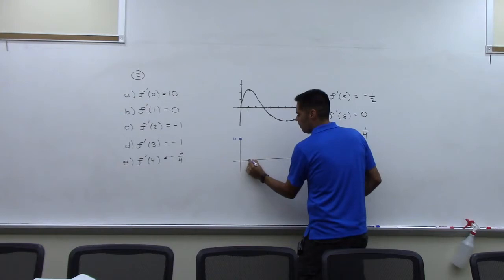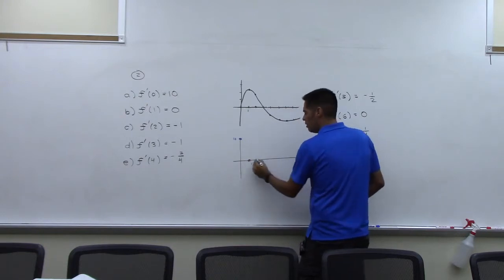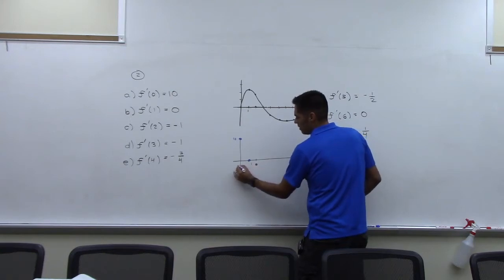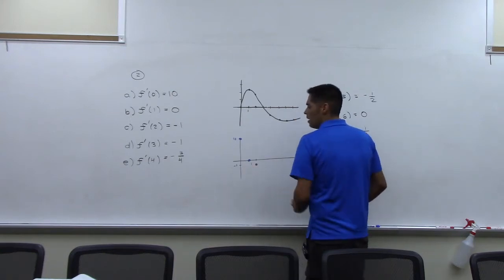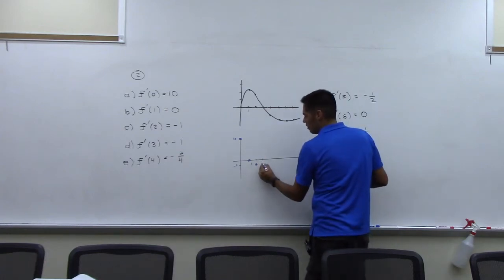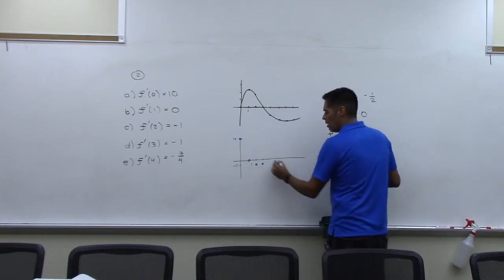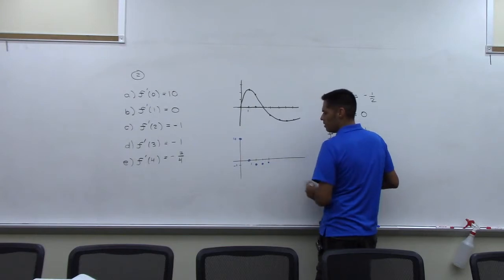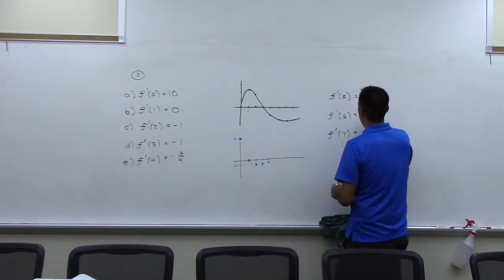At 2, we're at -1, which will be about right here. And then at 3, we're also at -1. At 4, we're at -3/4, which would be somewhere around here. So coming up a little bit.